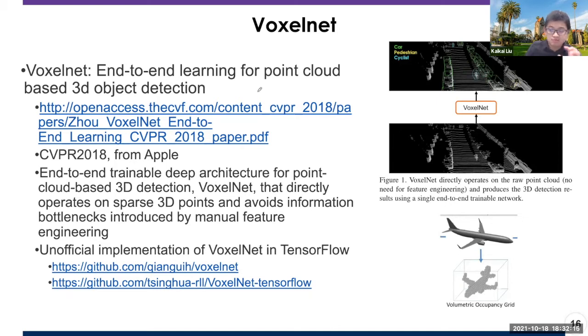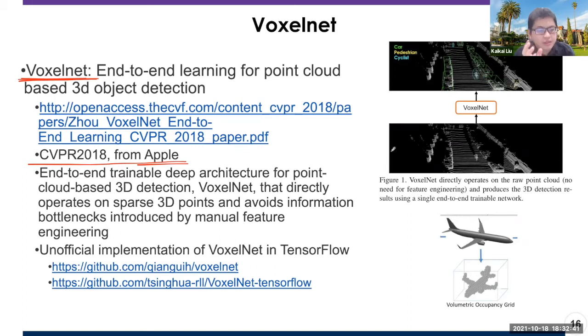So this is a breakthrough paper, and you will find many recent architectures are learning from this architecture. It's like Fast R-CNN or YOLO in the 2D detection area, a foundation for many future works. This was published in 2018. It's a pretty new paper from Apple.